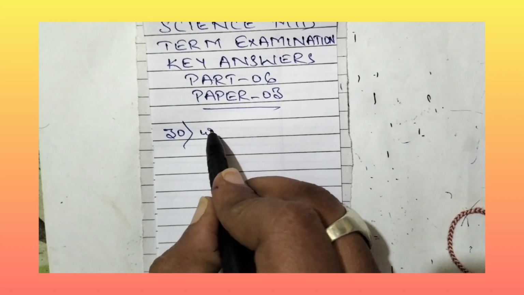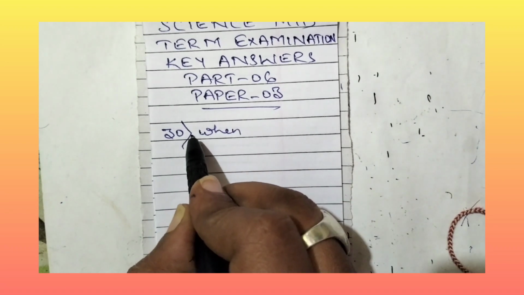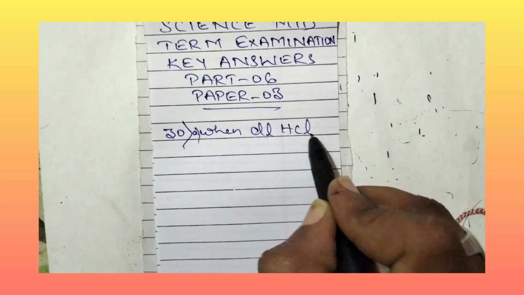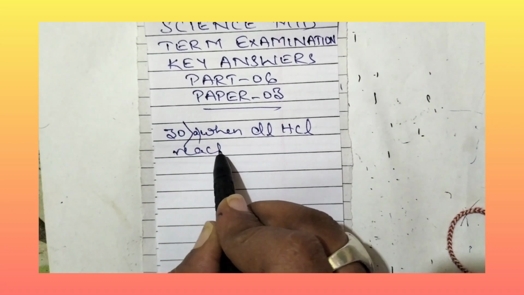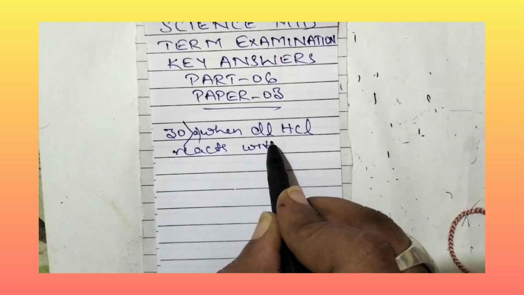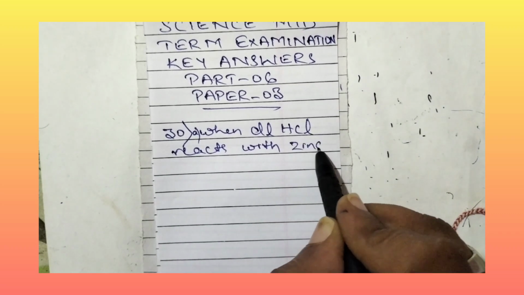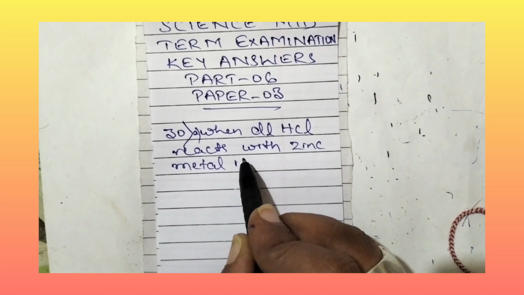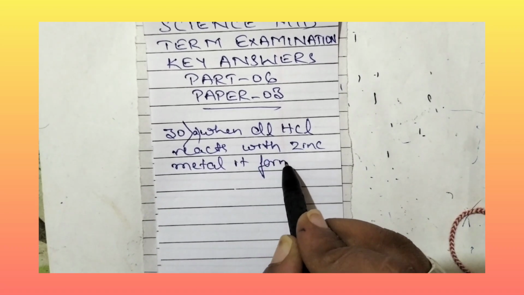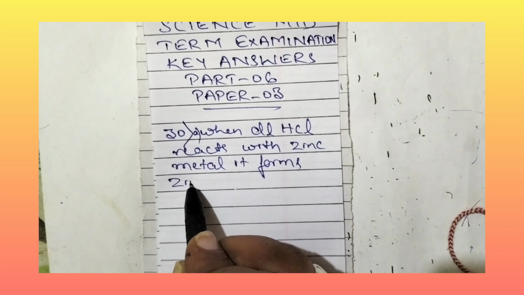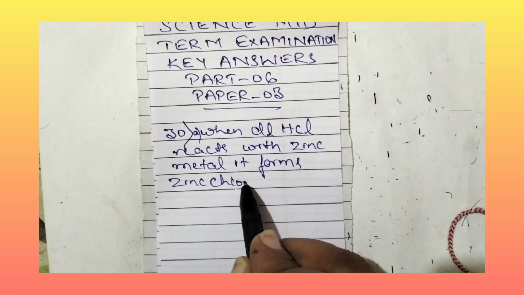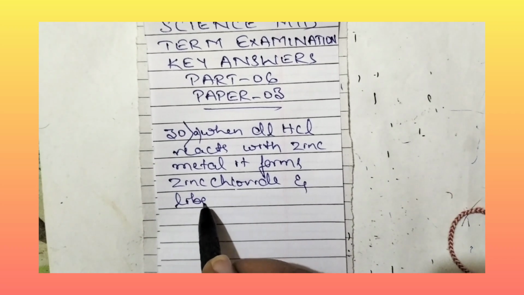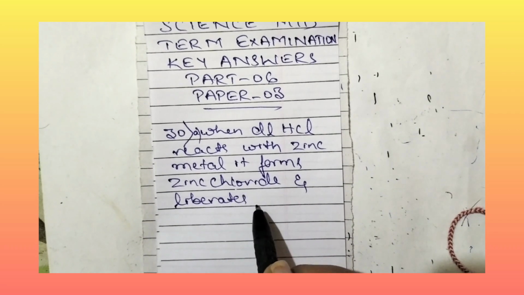Let us answer the first question. When dilute hydrochloric acid reacts with zinc metal, it forms zinc chloride and liberates hydrogen.